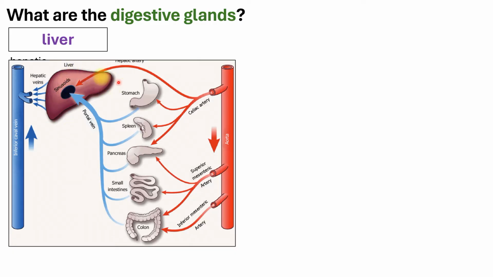For the liver, blood flow is from the aorta, and then it will go to the different parts of the GIT system, and then this blood will go to the portal vein into the liver, wherein the nutrients that they absorb as well as possible pathogenic things that need to be detoxified will be processed in the liver before finally going out of the liver and into the hepatic veins and into the caudal vena cava.